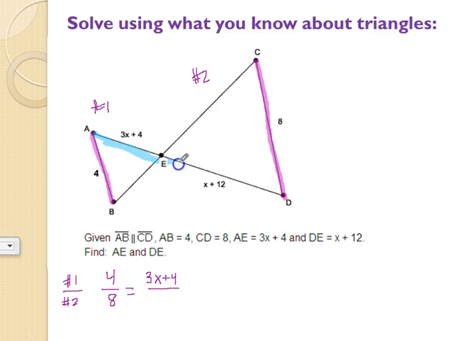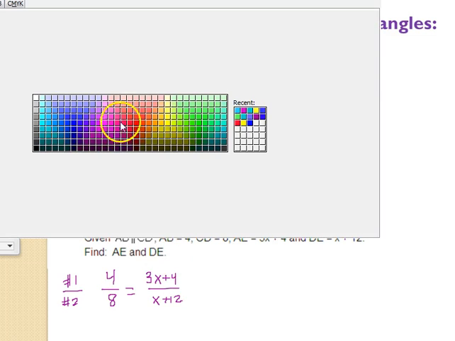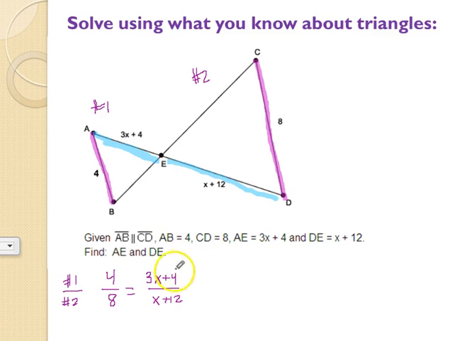And now we've got a proportion set up where we can solve for x. So we're going to need to do some cross multiplication. Let's go ahead and do that. I'm going to highlight in yellow here.